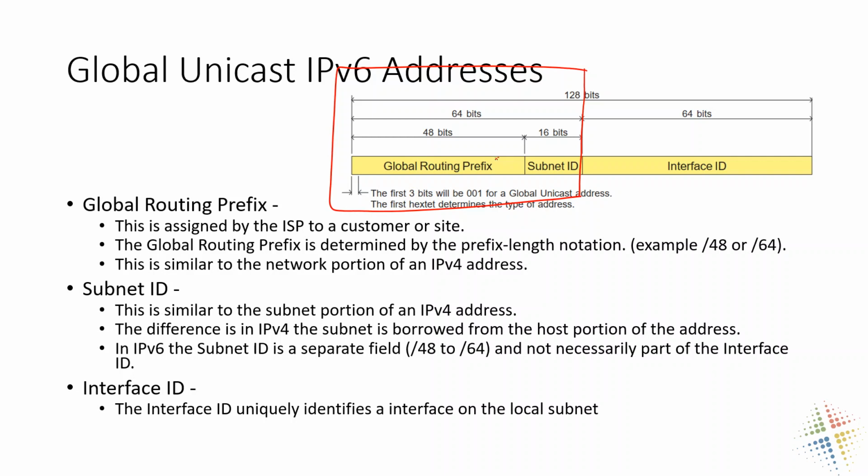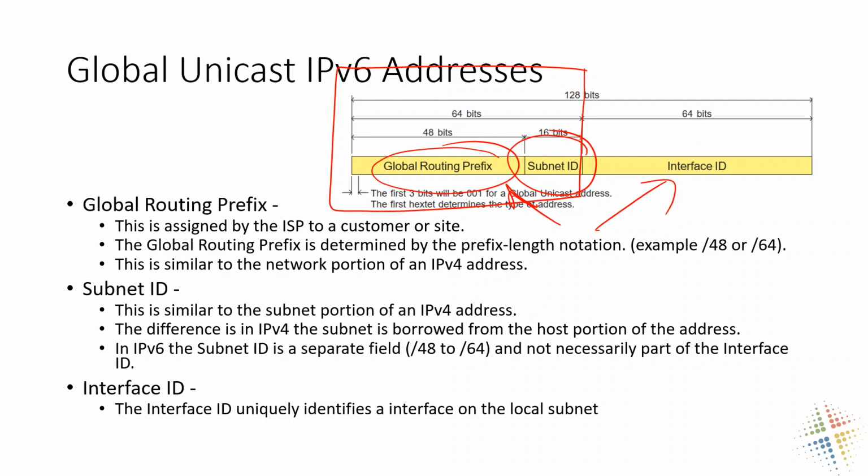We have the global routing prefix that we would get from our ISP. So we would say, hey, Mr. ISP, I need an IPv6 network, and he would hand us a global routing prefix. This can be anywhere from 48 bits up to 64 bits, depending on the size of network that we ask them for. The difference between what we get from the ISP and the interface ID can be used by us to subnet the environment.